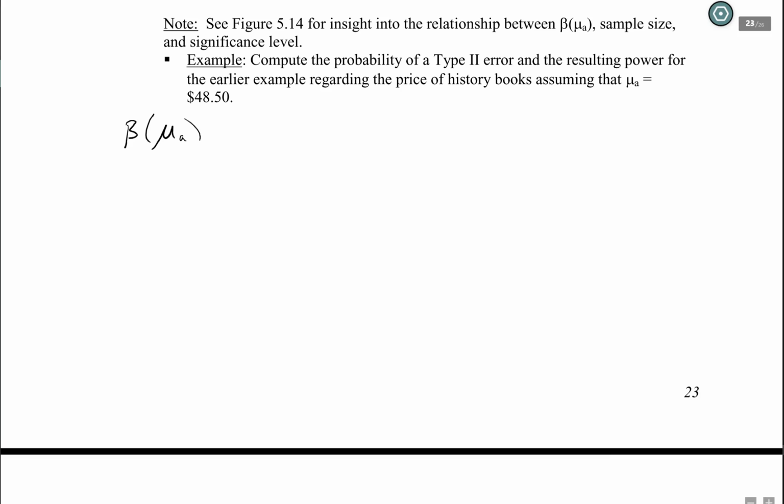So beta of mu a, so this is going to be beta of 48.5. Just using the formula above, this is a one-tailed test if you recall. So this is a probability regarding the standard normal variable z.